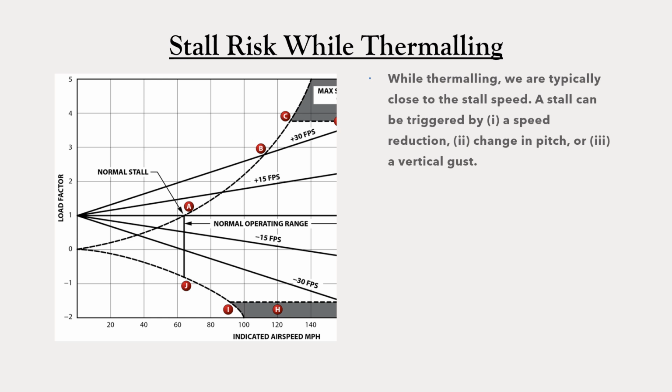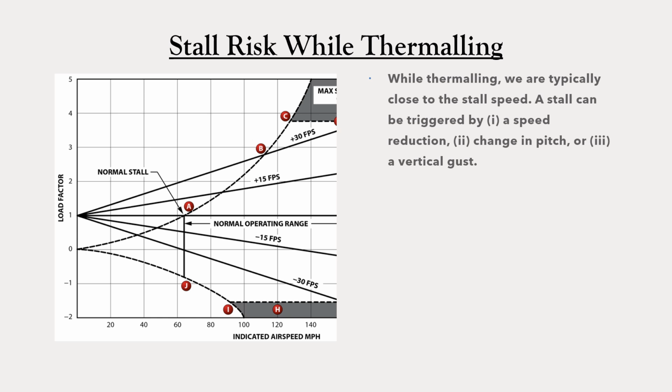So there are basically 3 things that can trigger a stall when you're at an airspeed that's close to your stall speed. One is if you have a speed reduction by accident. The second is if you pull back on the stick and create some g-forces. And the third is a vertical gust.